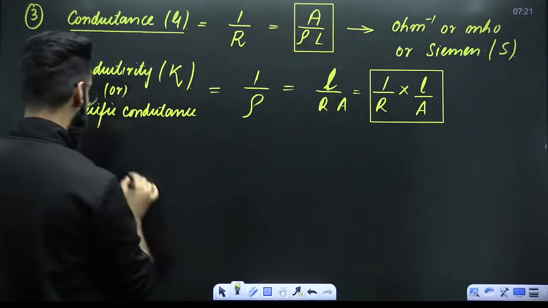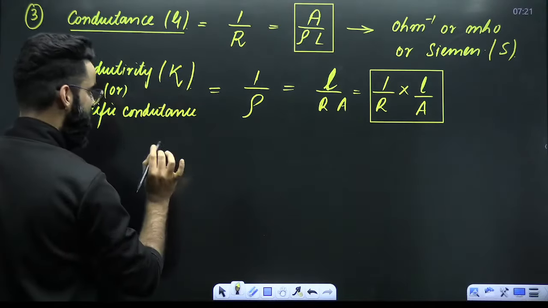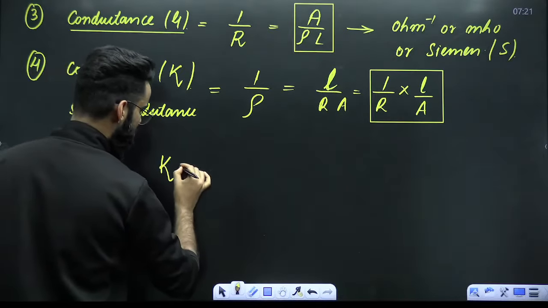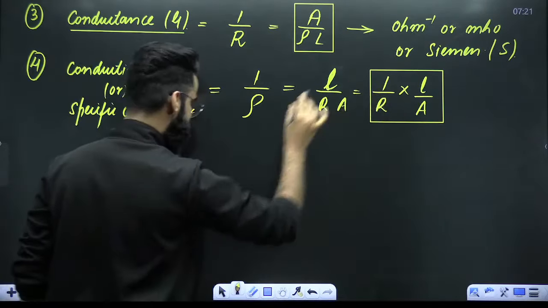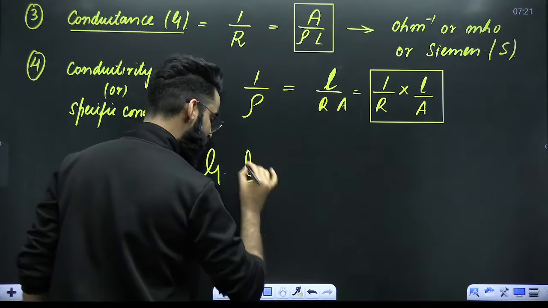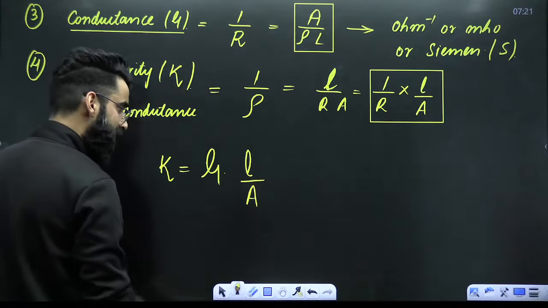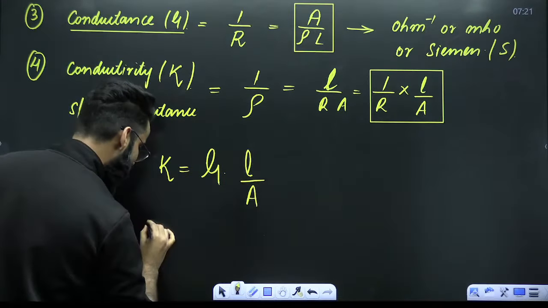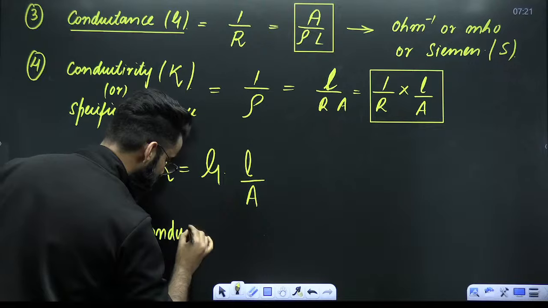Second thing, guys, have a look. I'm talking about conductivity, specific conductance. That is your kappa. 1 by R is something which you call conductance. L by A is something which you call cell constant. This is conductance. This term is called cell constant, right? So I'll write something like this.